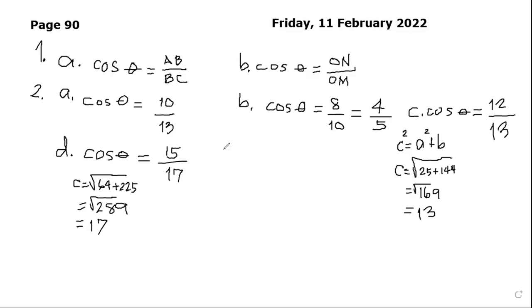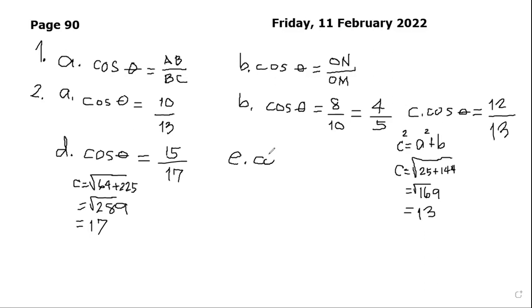Letter E. Okay, we still have time. Cosine of theta equals, no, it's not 40. 40 is the opposite side. So therefore, we solve for the value of one side.